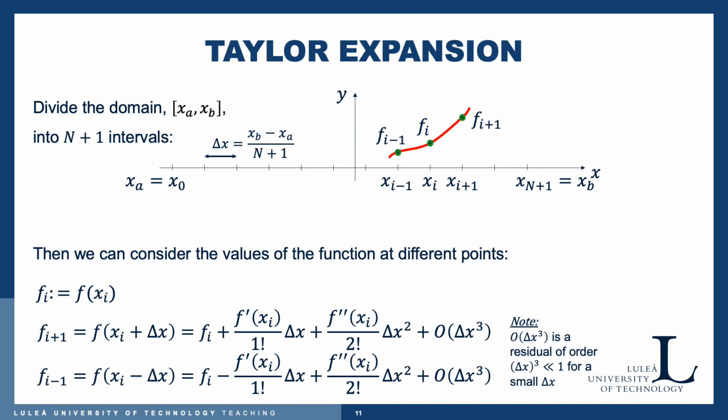We note that the last term, O(Δx³), is a residual which is of the order Δx³, and Δx³ is much less than 1 for a small Δx. So without too much of an error, we may perhaps neglect this term to obtain a finite difference scheme.